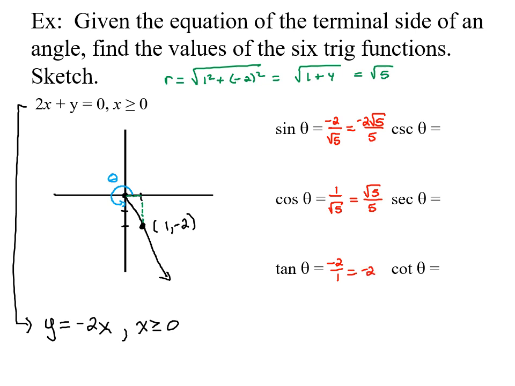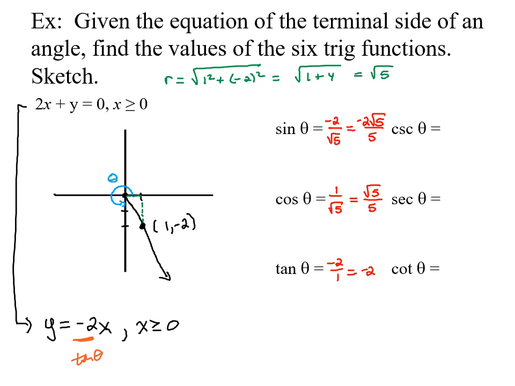Here's a little thing you might notice, and this pops up a little bit in calculus. Notice that the slope of our line down here is actually the same thing as your tangent value. That is not a coincidence, by the way. Cosecant is what you get when you flip over a sine.